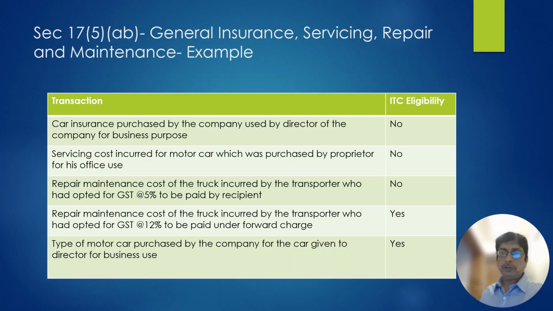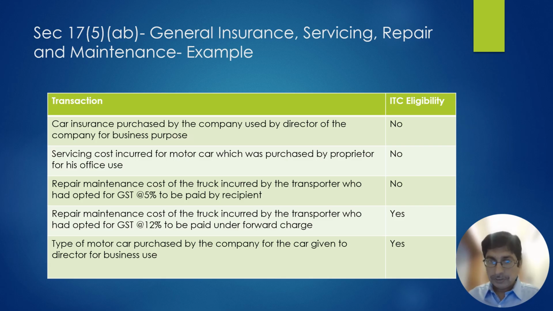Let's understand this clause with the help of some examples. Car insurance. On purchase of a car by the company, used by the directors for business purpose, the GST credit is not available in this case, because the GST credit is not available on purchase of that car.